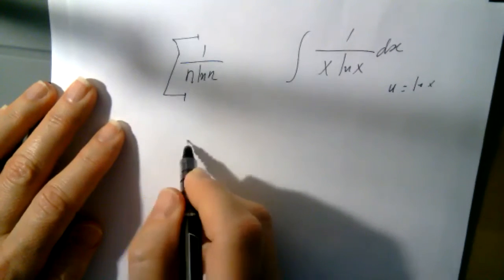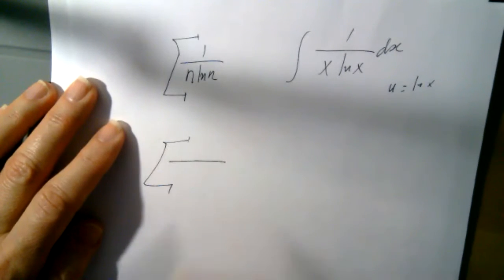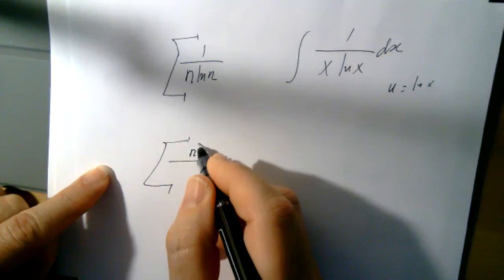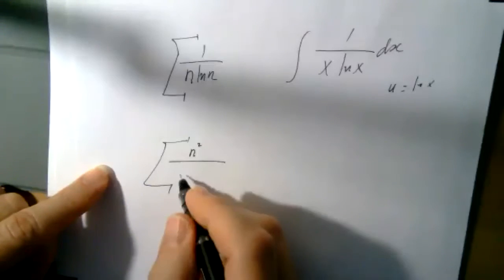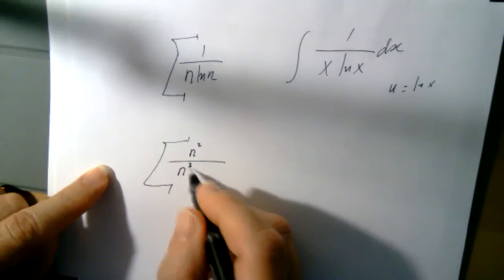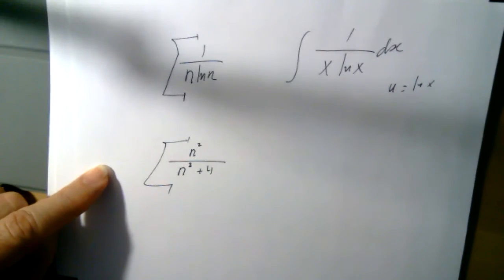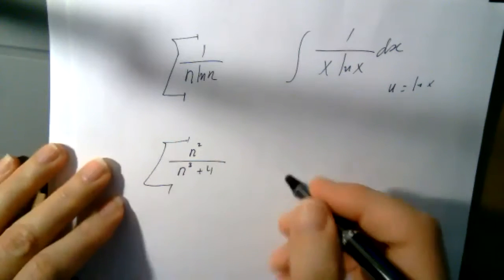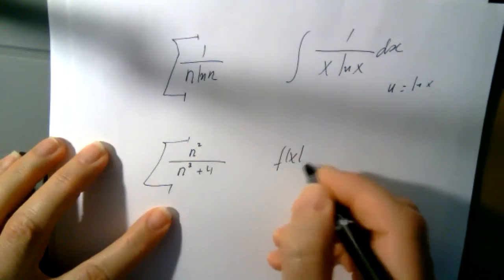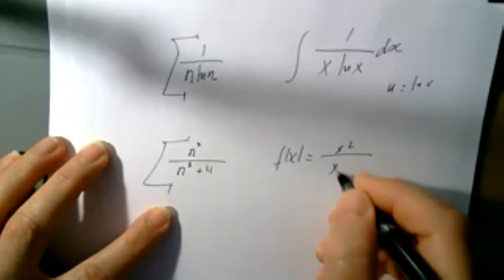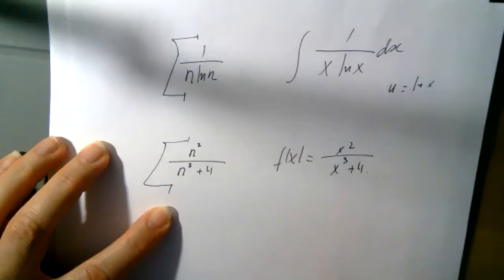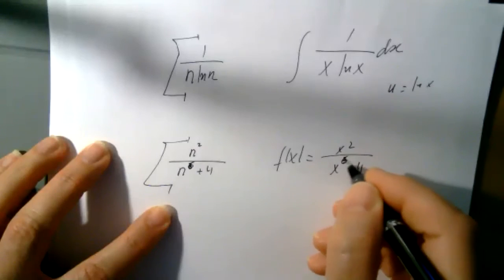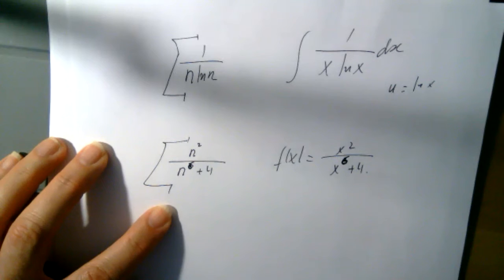That's a substitution. You put u equal to ln x and you proceed. Now, let's say I am very mean, and I give you the following series: n squared on top and n to the power 3 plus 4 on the bottom. So here my function f is x squared over x cubed plus 4. Actually, I can make it even meaner.